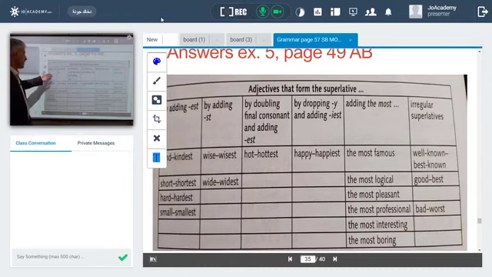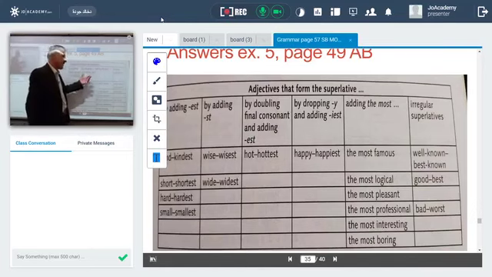We have adding est. Here we have kindest, shortest, hardest, smallest. Adding st only to the adjective like wise, wisest, wide, widest. By doubling the final consonant and adding est, like hot, hottest.